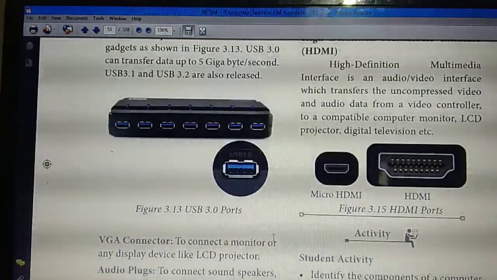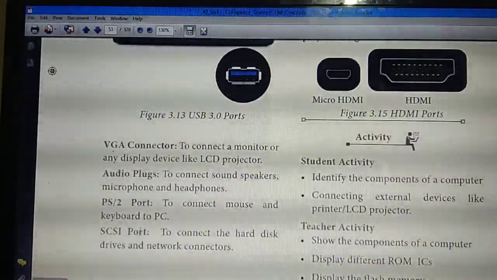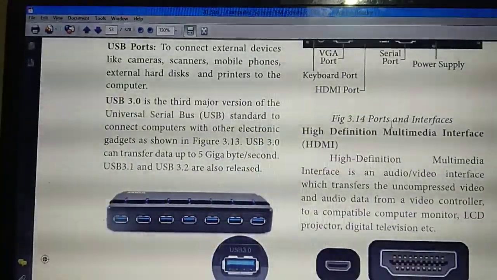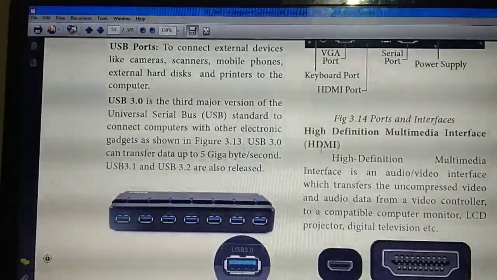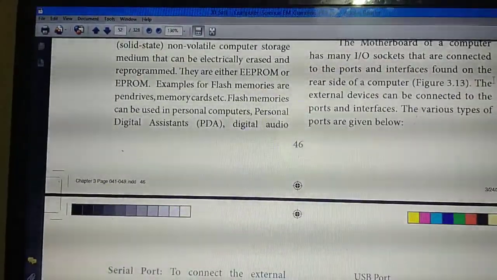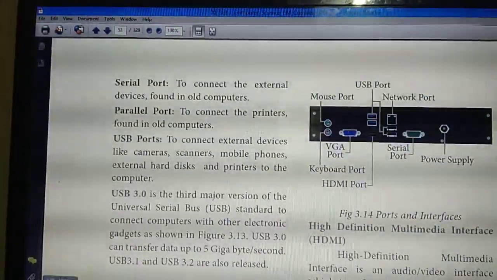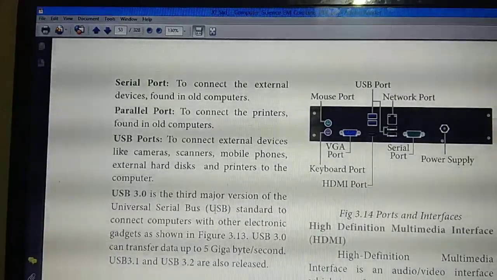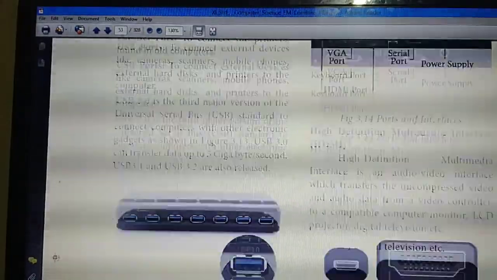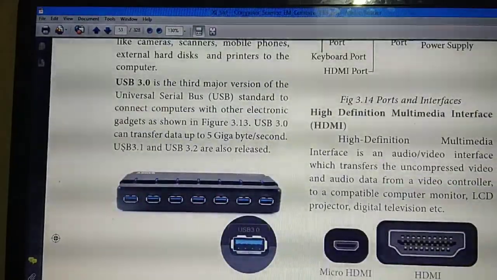Next here, VGA connector, audio plug, PS/2 port, SCSI port. For USB 3.0, only the last 3 lines are enough; the lines before that are not needed. Then high definition multimedia interface.